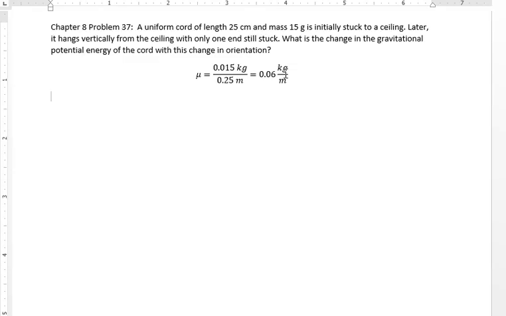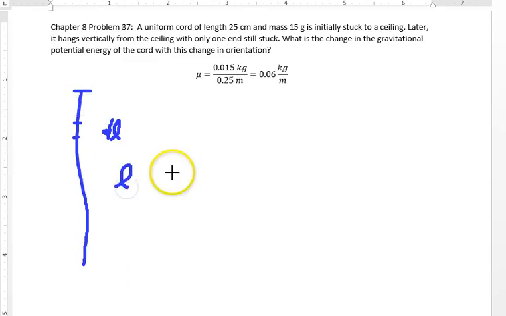It's initially stuck to the ceiling and then it hangs down vertically. And so when it's hanging down, if we look at a little piece of it that's DL in size, and we call the distance from the ceiling L, which will go from 0 to minus 0.25 meters, right?